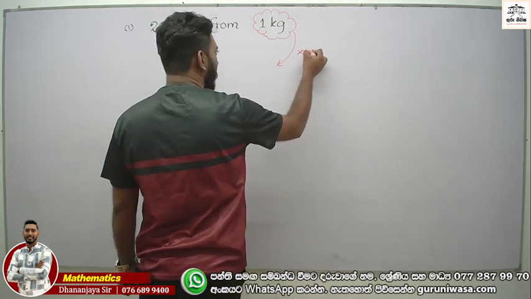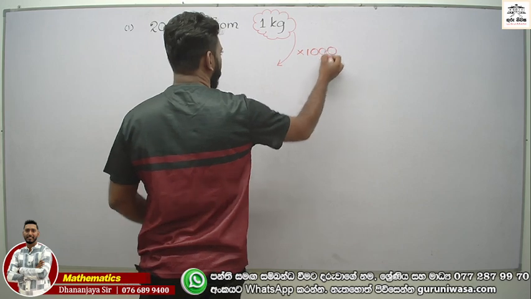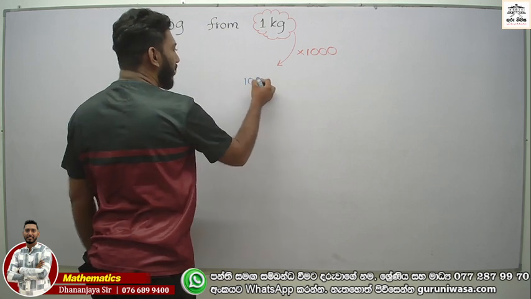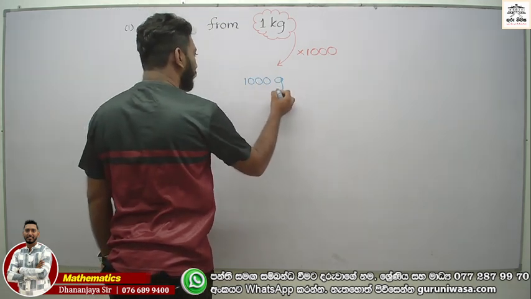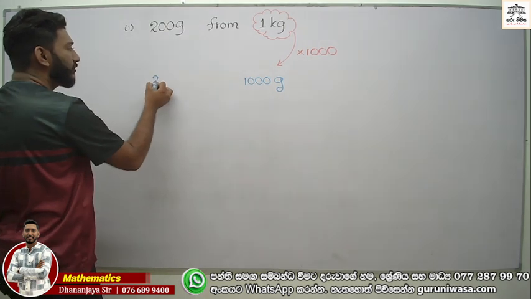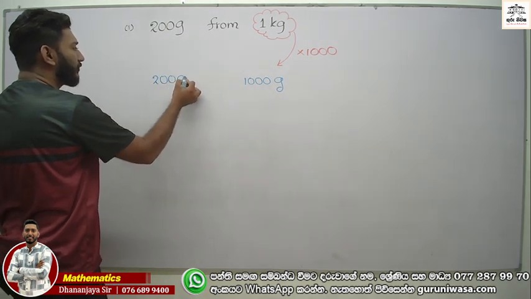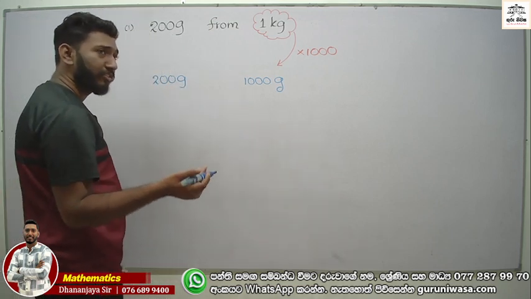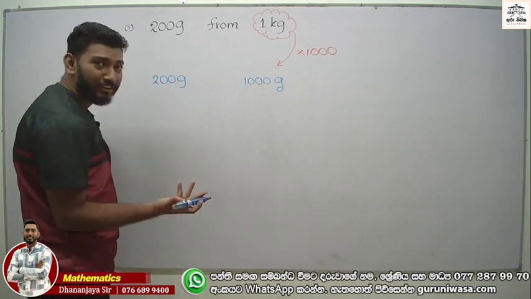You know the method, multiply by 1,000. Then the answer becomes 1,000 grams, and this is 200 grams. Now you can write it as a ratio, as a fraction, and as a percentage also.